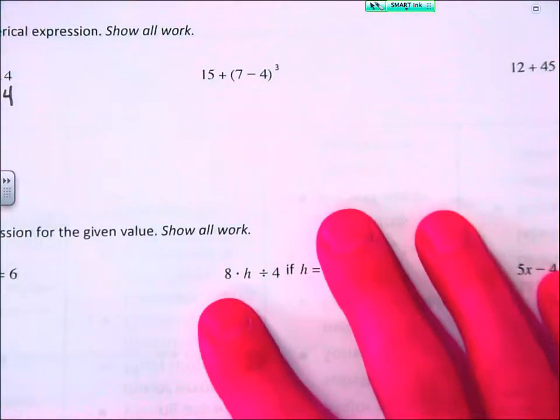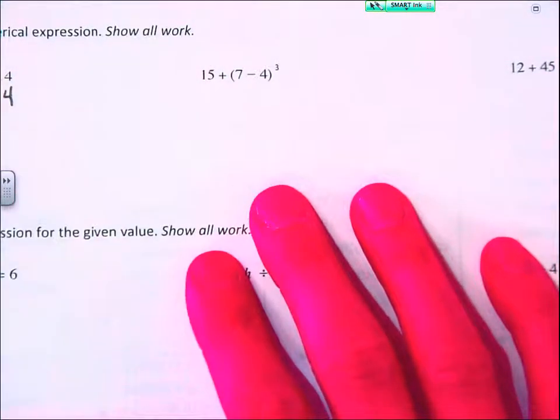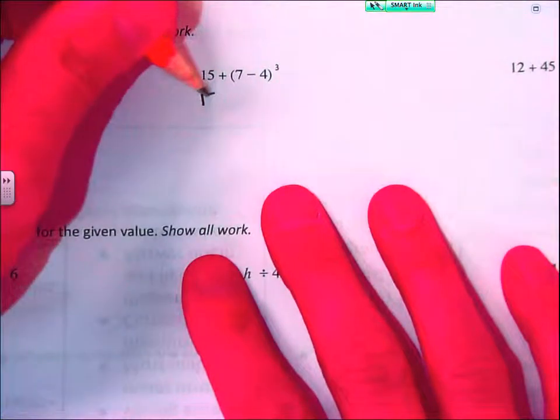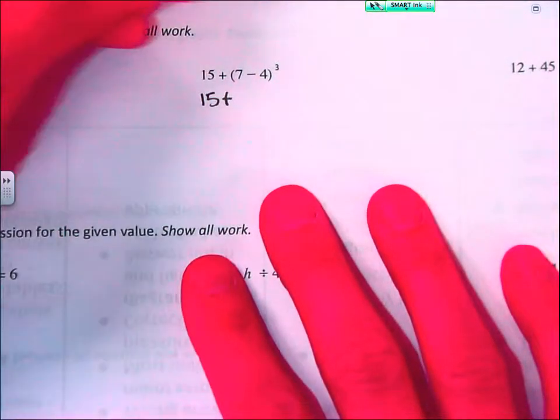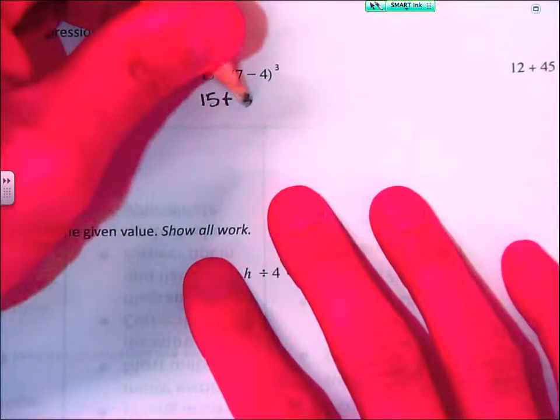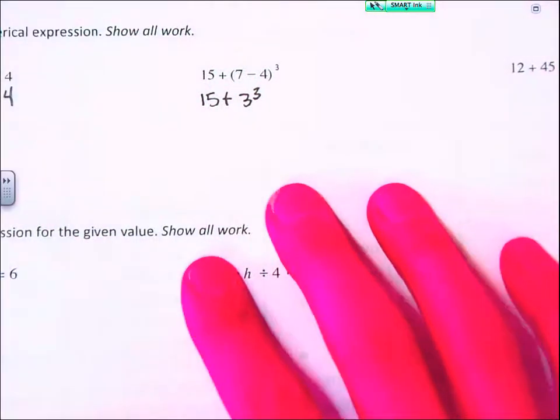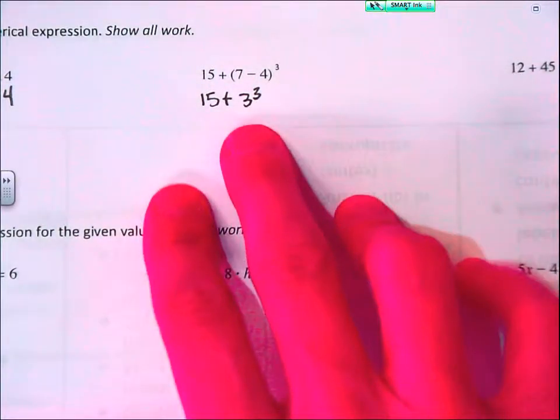Second one, parentheses is the winner. So I do the parentheses before exponents and before addition. Then I have exponents. 3 to the third power, remember, is 3 times 3, which is 9. 9 times 3, which is 27.